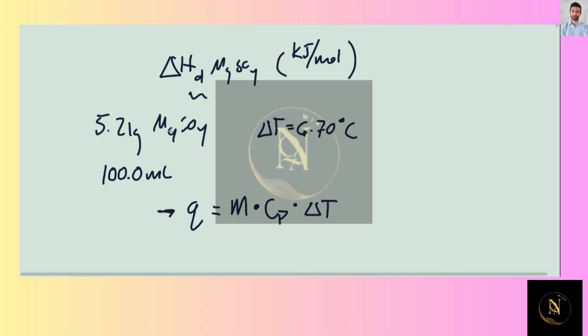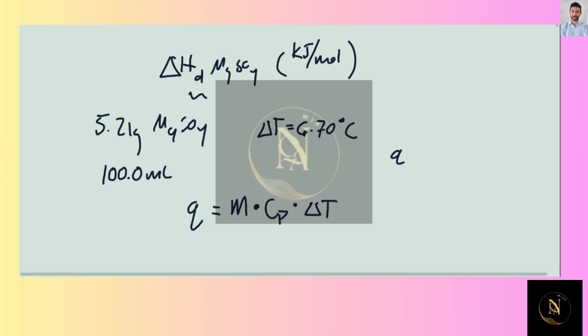This will tell us how much heat was generated in joules, or whatever units CP is in, from our reaction. Then, if we can figure out how many moles of magnesium sulfate we have, we can have Q per mole, and that's basically going to be delta H.